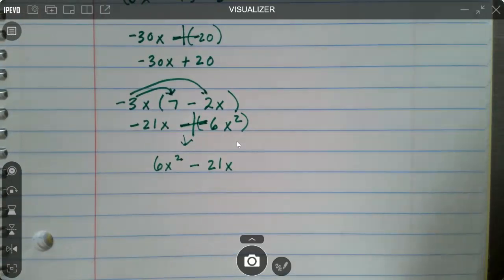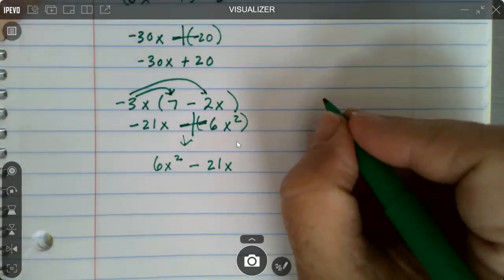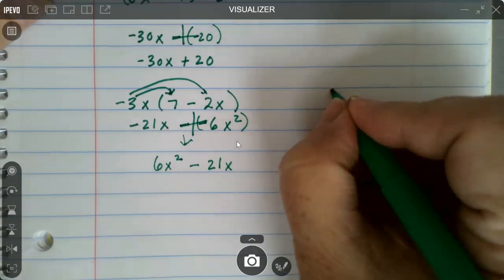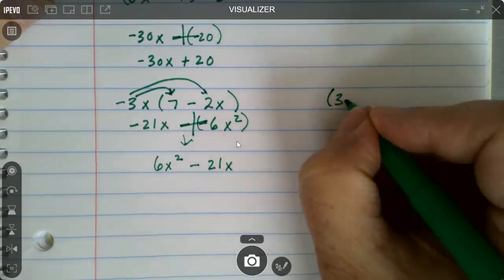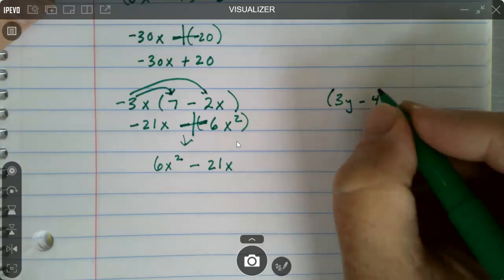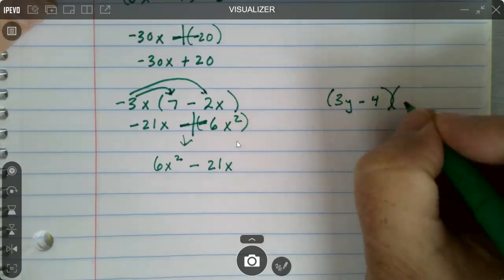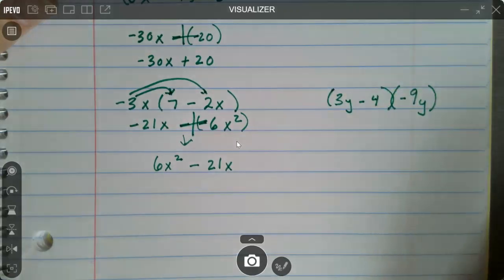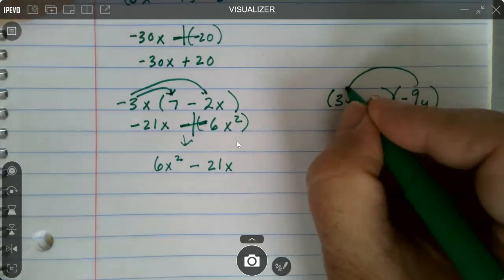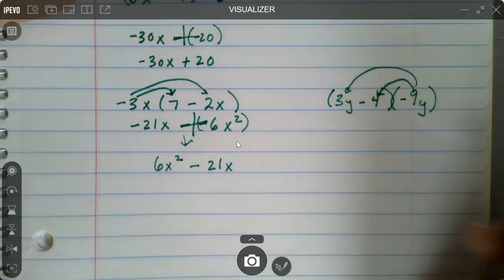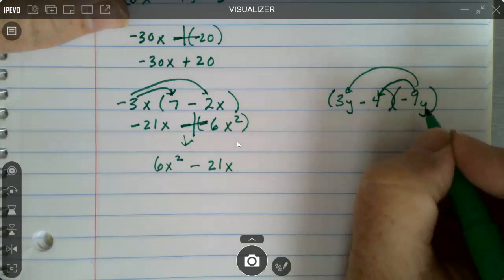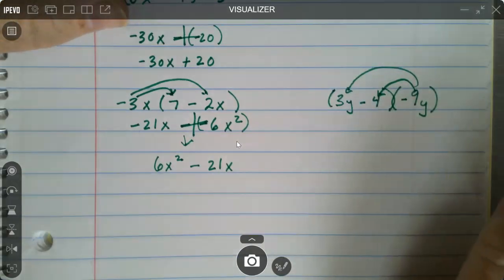And if we did kind of the same thing, we'll do a similar problem, but we'll go ahead and put our multiplier behind. So parenthesis, 3y minus 4, negative 9y here. So arrow, arrow. So you've got negative 9y multiplied by 3y.